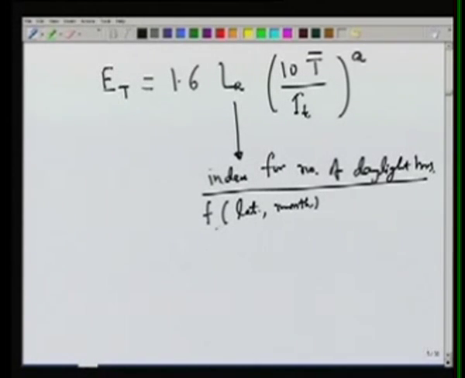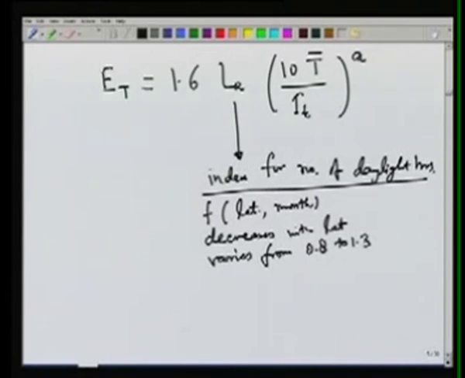This also has a similar tendency, decreases with latitude, and the typical variation is 0.8 to 1.3.